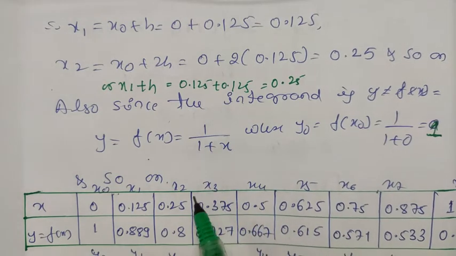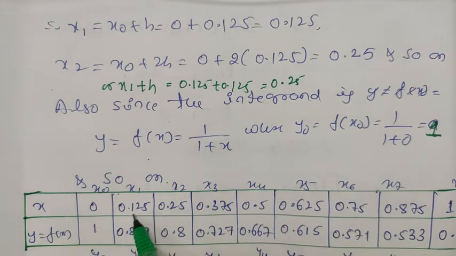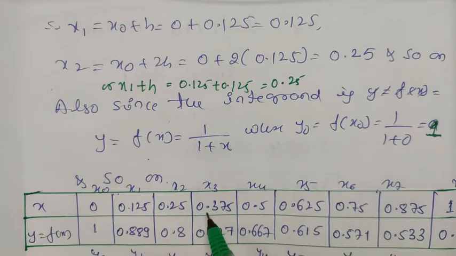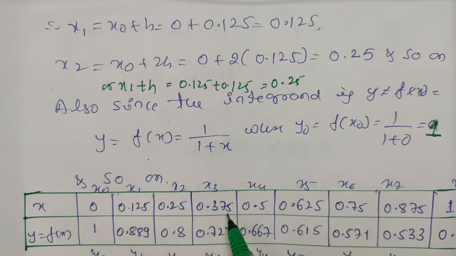Next x2 is x1 plus h, 0.125 plus 0.125, which gives 0.25. Plus h is 0.375. Then x4 is x3 plus h, that is 0.375 plus 0.125, which is 0.5.